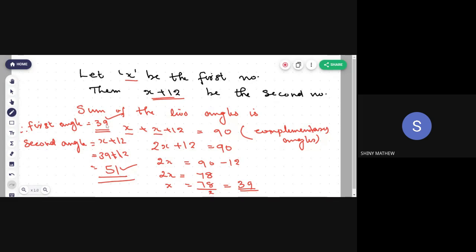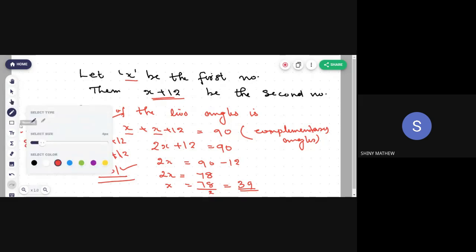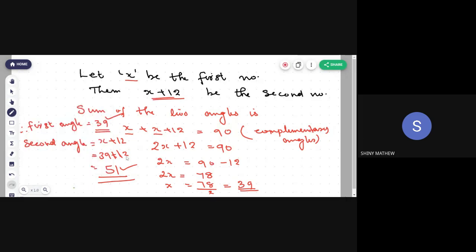You can verify this answer by checking. It is said that these two are complementary angles, and similarly the question says their difference is 12. To know whether this is correct, we can add and check. 39 and 51, is it 90? Yes, miss. Okay. Similarly, for the difference between these two angles, we subtract the smaller angle from the bigger angle, that is 51 minus 39.